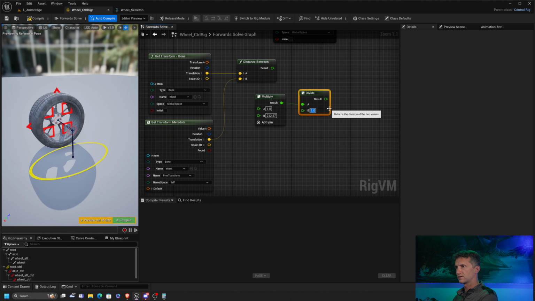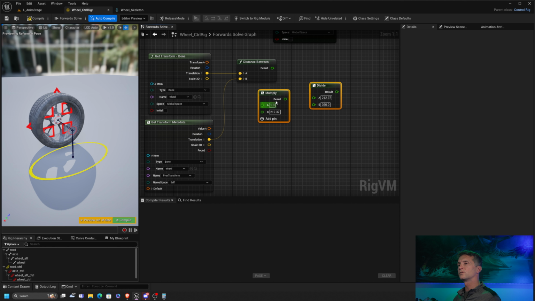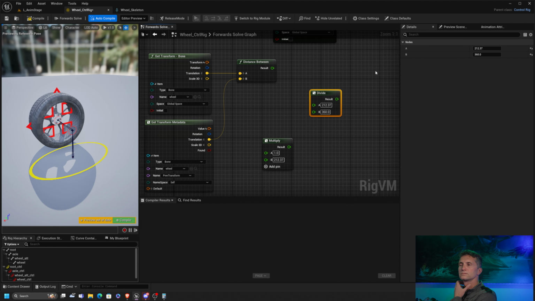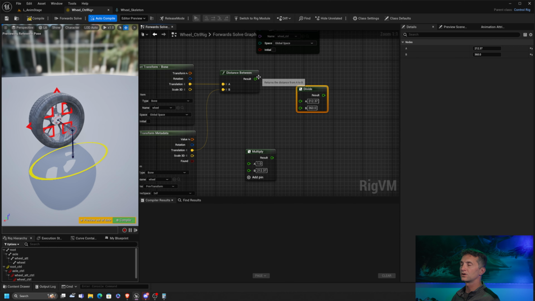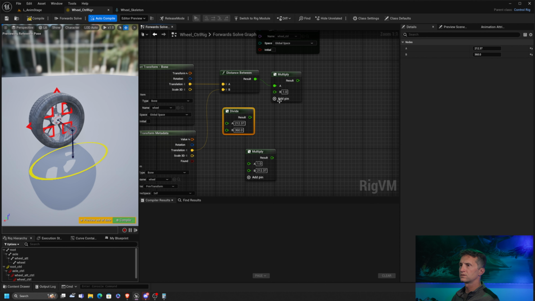Hold on, let me think. 212 divided by 360 would be the number of degrees that we should move per, is it per centimeter? Sure, let's go. And then this is our total distance, so we should just multiply these two. That's going to be how far we're rotating the tire.